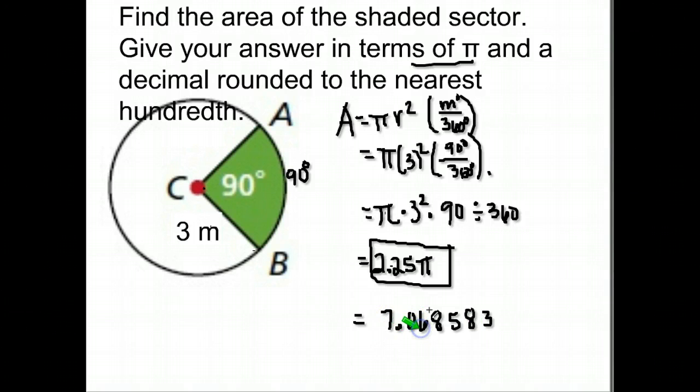Hundredths is 2 places after the decimal. Look to the next one. 8 is larger than 5, so it makes us round up to 7.07. So here is our answer in terms of pi. Again, that's calculating everything but pi and just leaving the pi on the end. And here is our answer in decimal form. And to do that, you calculate everything and multiply by pi.